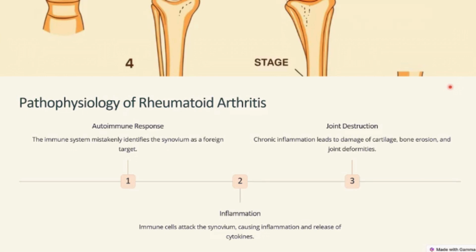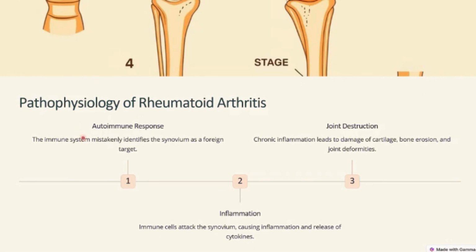So the inflamed synovium thickens and forms what is known as the pannus, the abnormal layering of tissue. This tissue then erodes cartilage and the bone within the joint, which leads to pain and the characteristic deformity associated with rheumatoid arthritis.